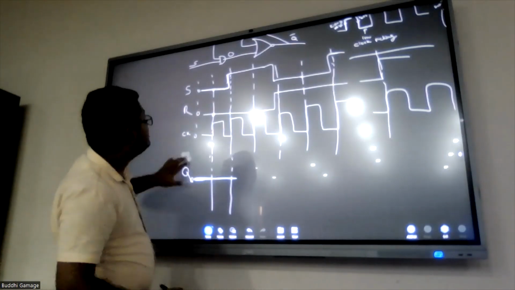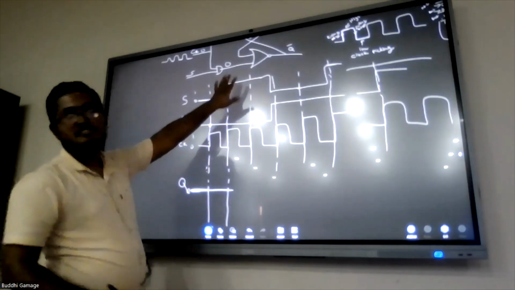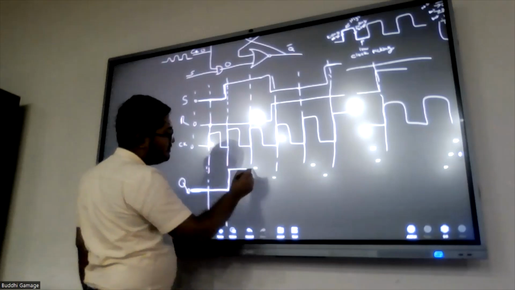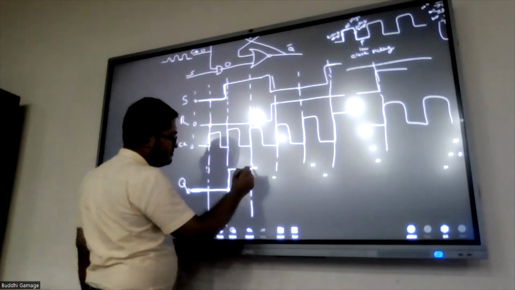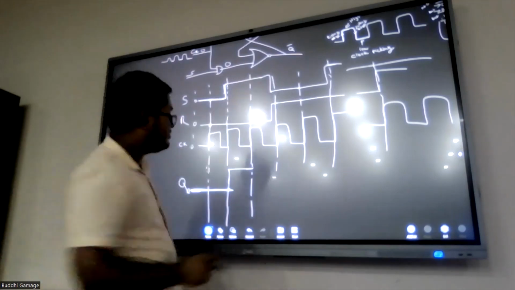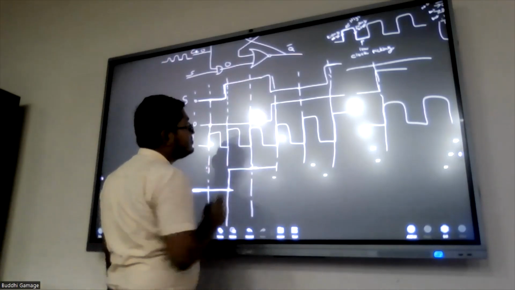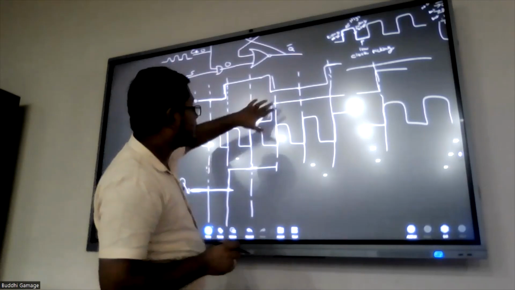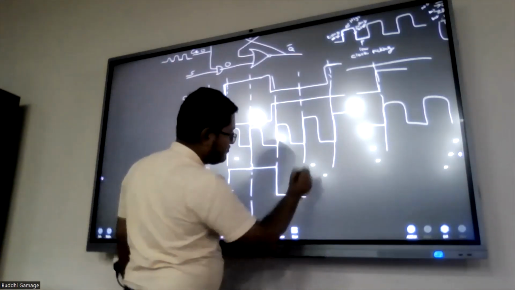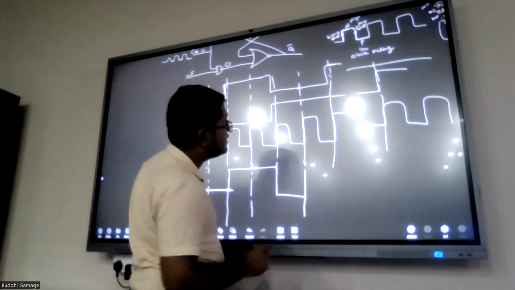Then what will happen? Then there is a set, right? So set means this is going to be 1 up to this clock tick. Again set, right? And now reset. Right?